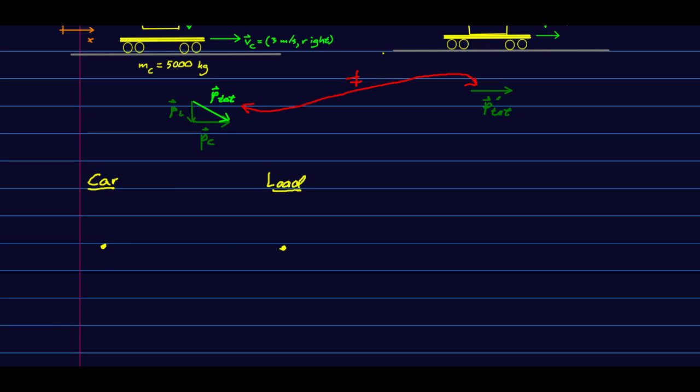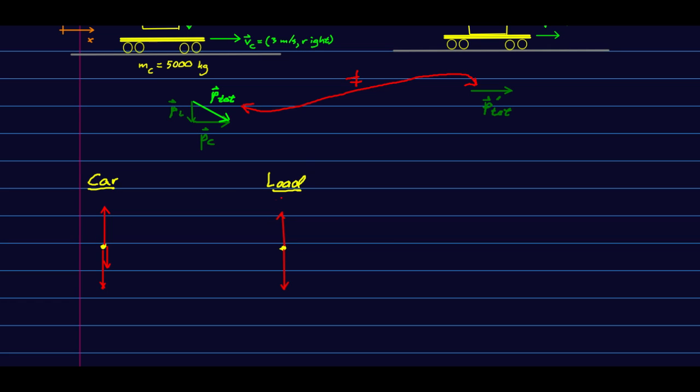So the car is, of course, going to have a weight. The load will too. The car is going to have a normal force up due to the tracks. The load is going to have a normal force up due to the car. The car is going to have a normal force down due to the load.